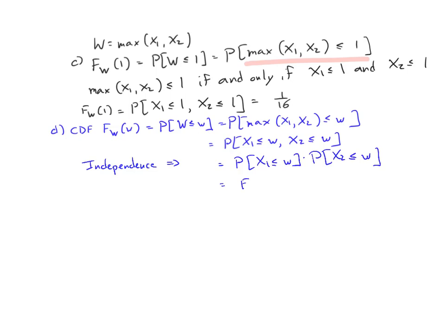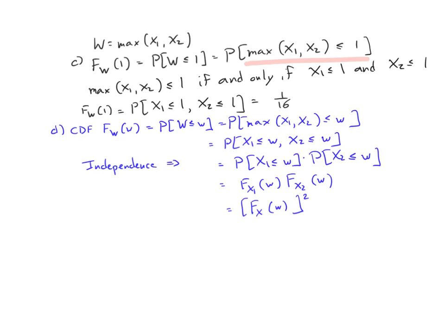And so this is the CDF of x1 at w times the CDF of x2 at w. But in fact, both of them have the same CDF. So this is the CDF of x at w, the whole thing squared.